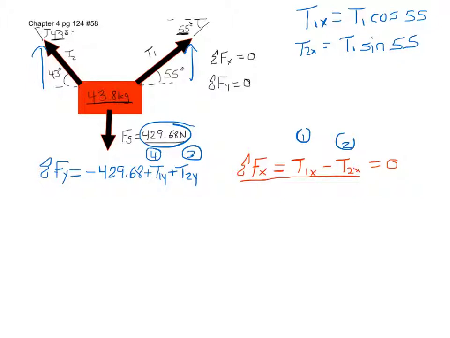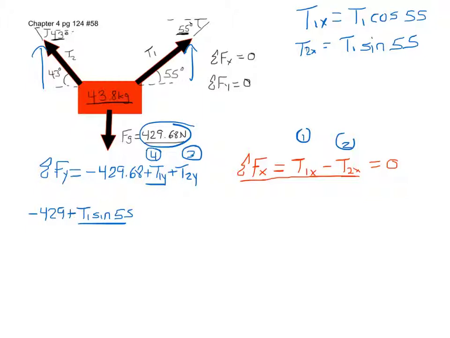So if we plug it in here, we can say that negative 429 plus T1 sine of 55, right? Because we just switched these two. And we can do the same thing for T2.